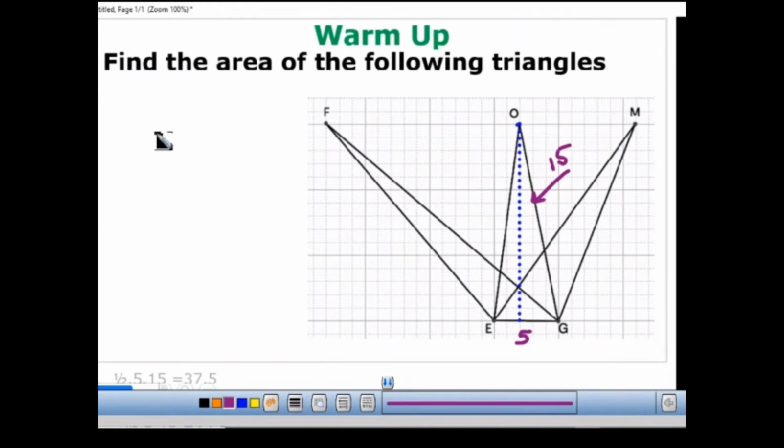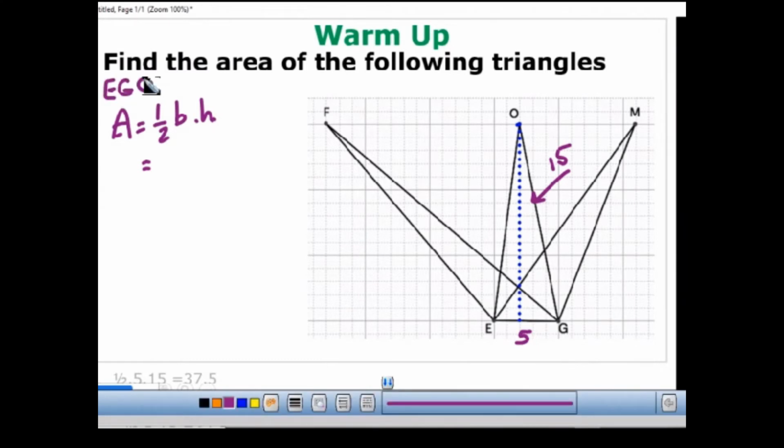I'm doing triangle EGO. So area EGO is 1/2 base times height. The base of EGO is EG, which is 5, so it's 1/2 times 5 times 15. The height is 15.